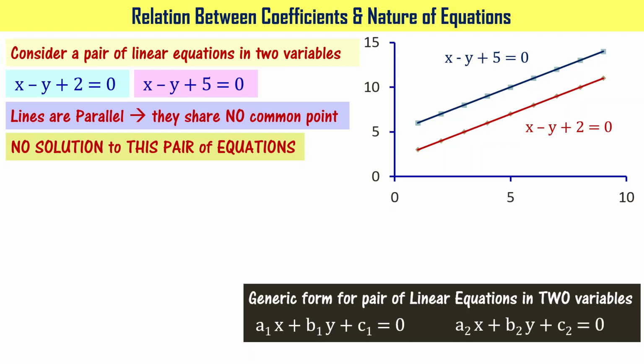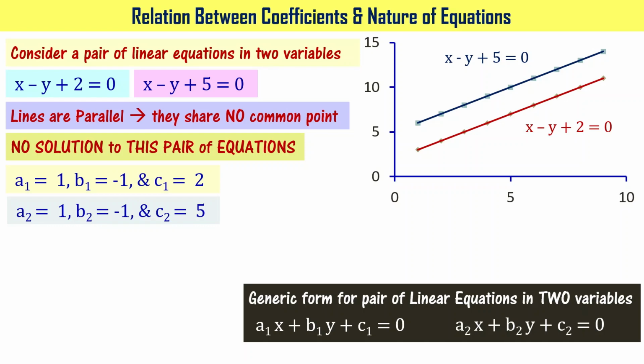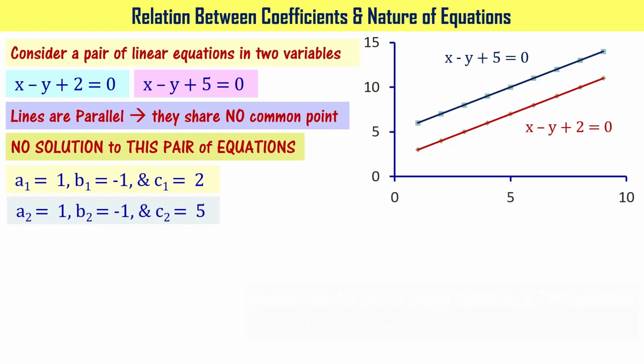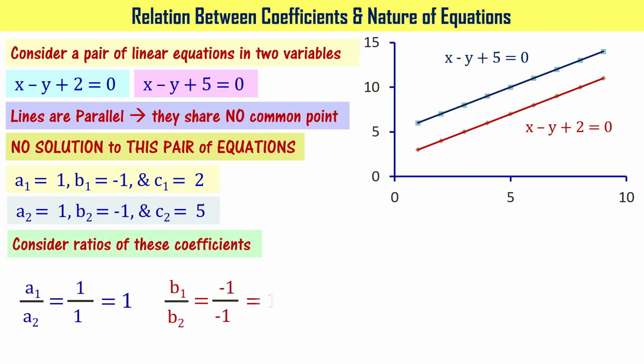Let's compare the given equations with the generic form for a pair of linear equations in two variables. When you compare, you say that a1 equal to 1, b1 equal to minus 1, and c1 equal to 2. a2 equal to 1, b2 equal to minus 1, and c2 equal to 5, right? Let's take the ratio of these coefficients. a1 by a2 equal to 1, b1 by b2 equal to 1, and c1 by c2 equal to 0.4.